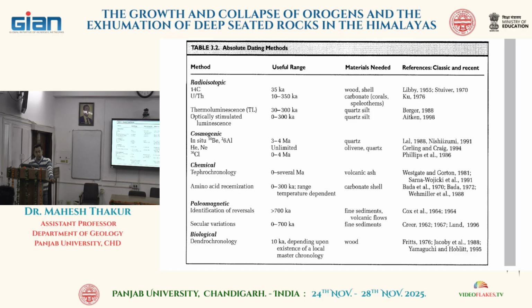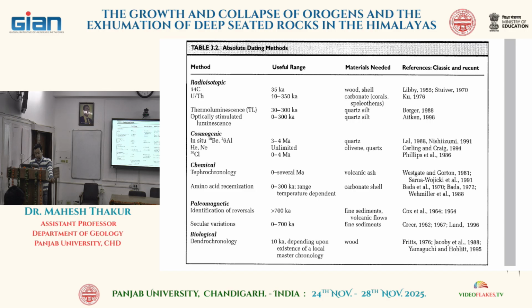Cosmogenic dating uses quartz and olivine and reaches 3 to 4 million years. Then paleomagnetic and biological methods, which is basically dendrochronology: wood is used, and it can go up to 10,000 years depending upon the existence of a local master chronology. So these are different methods.